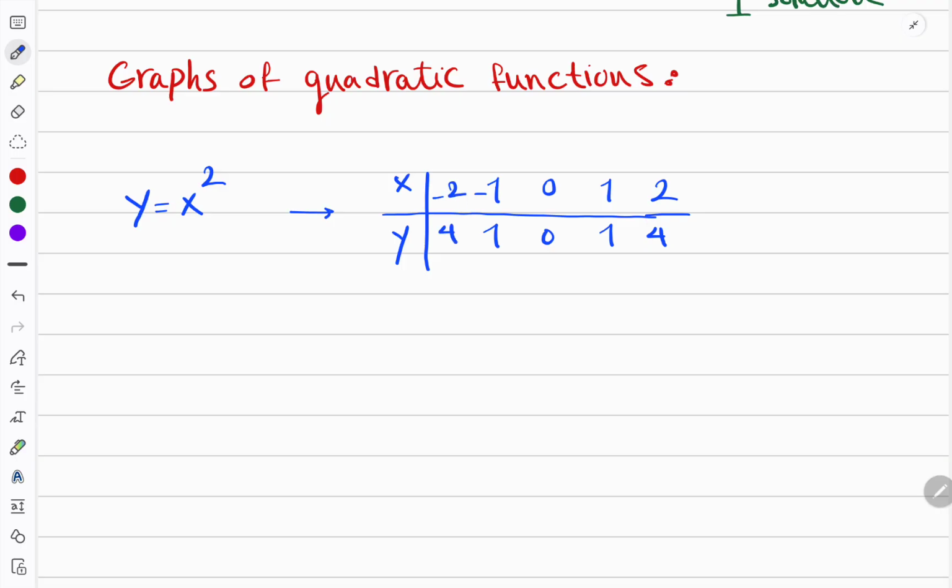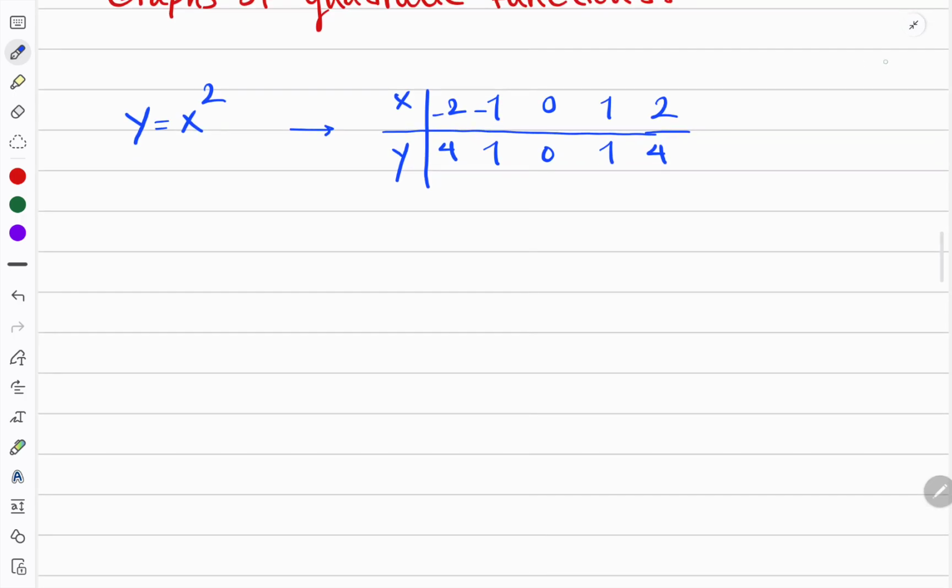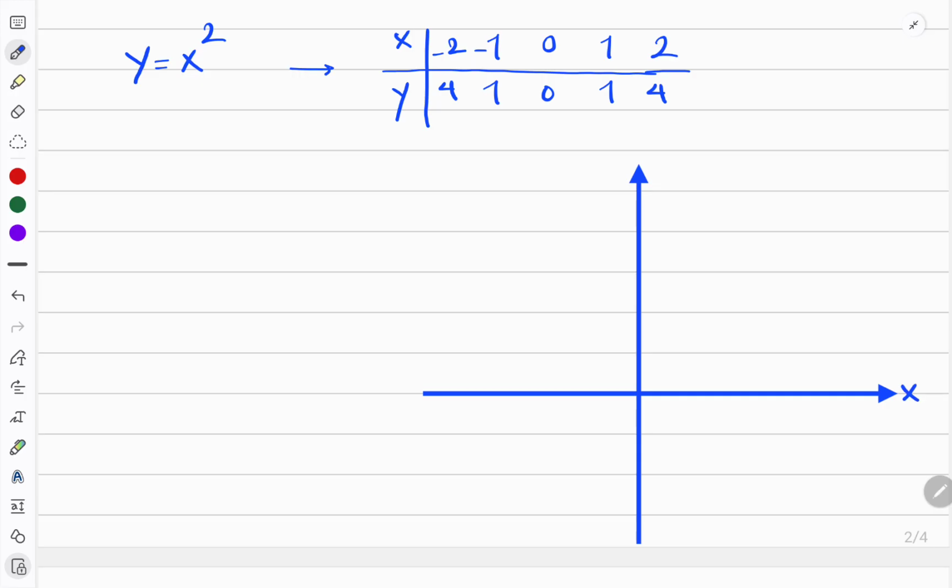And I'm going to plot these 5 points in the x and y axis. The first point is 0 and 0, and then 1 and 1. Plot this. 2 and 4, which is here. -1 and positive 1, and -2, sorry, and positive 4.